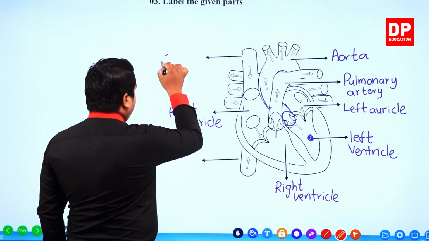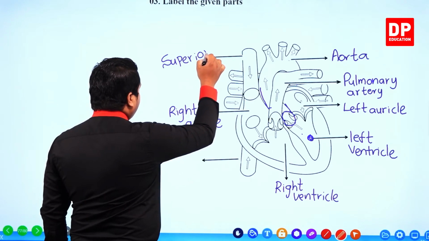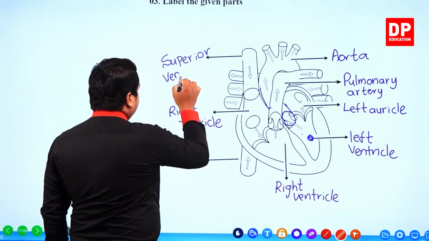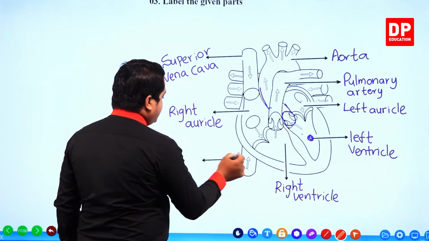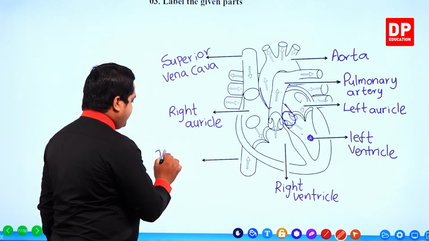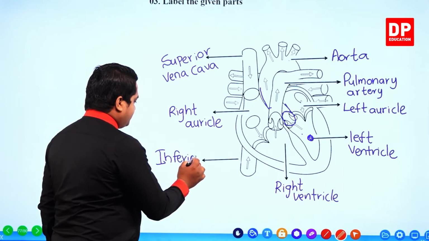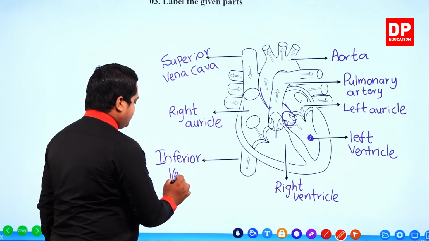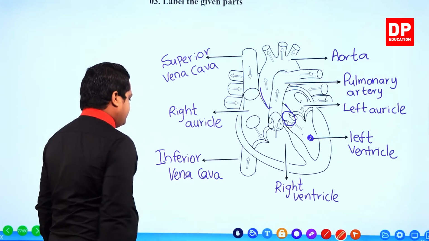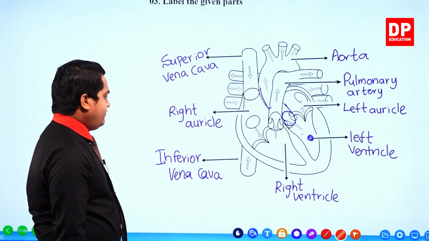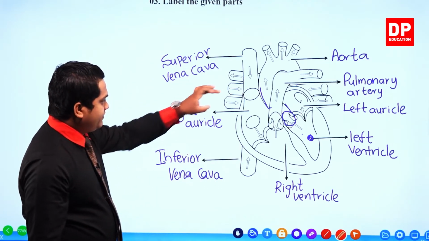This is the superior vena cava then. And this is the inferior vena cava. Inferior vena cava, this one. This is the superior vena cava.